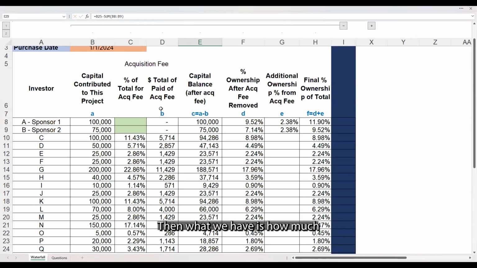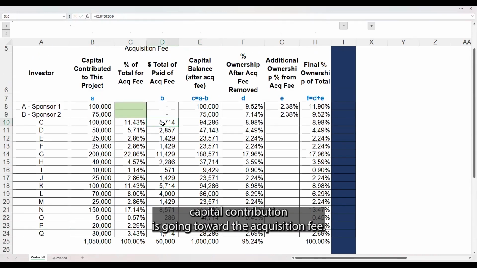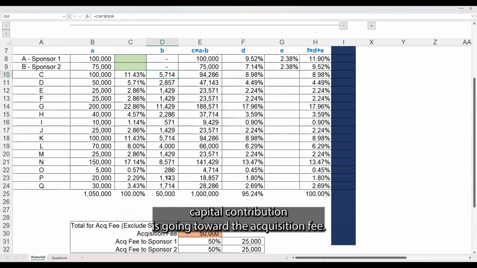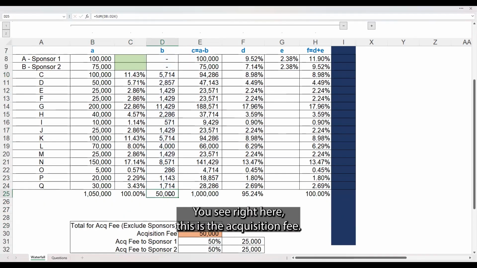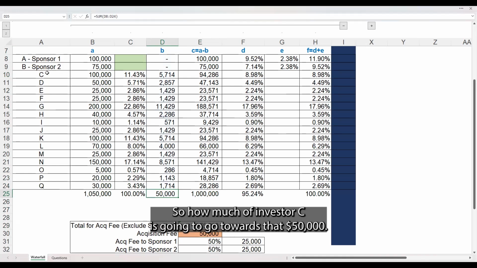Then what we have is how much of this investor's capital contribution is going toward the acquisition fee. You see right here, this is the acquisition fee. The acquisition fee has to equal $50,000. So how much of investor C is going to go towards that $50,000?